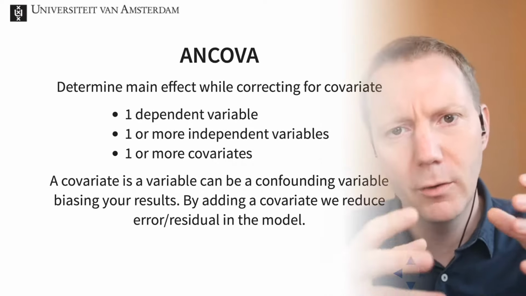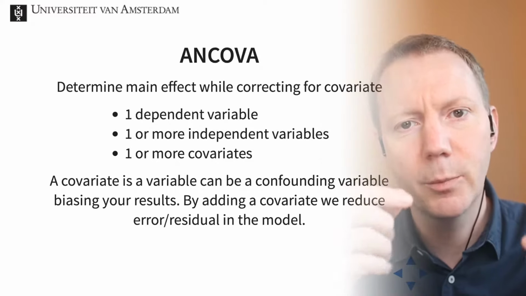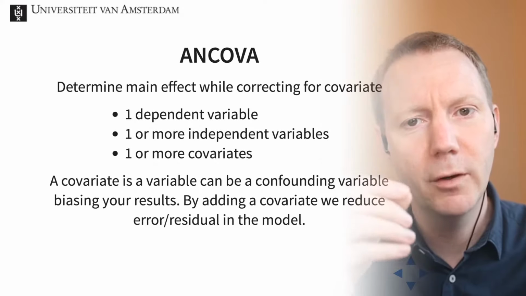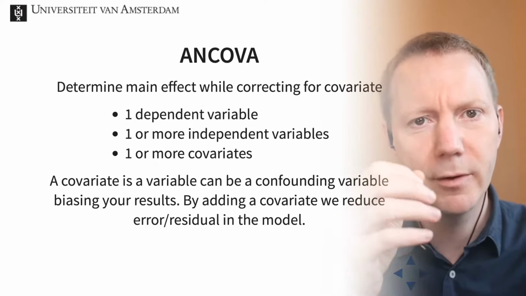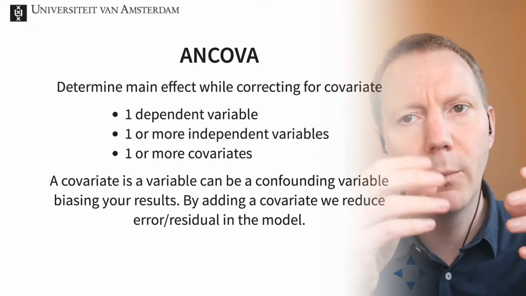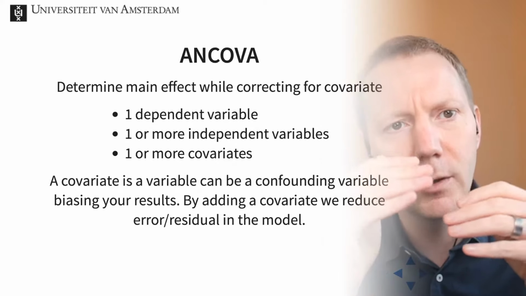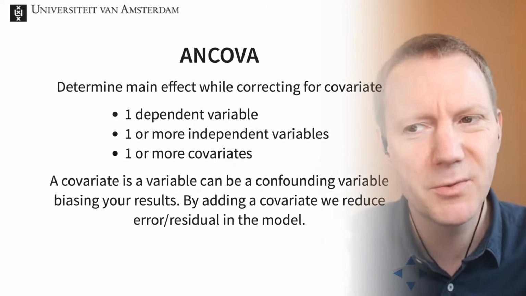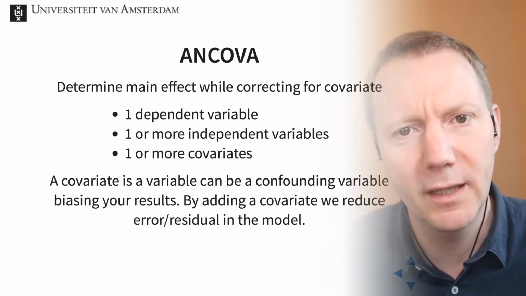By adding a covariate, you're not only looking at the model prediction of your one independent variable, but also adding this extra continuous variable to have a model that comprises both. And therefore, at least that's what we want, we reduce the amount of error in our model.